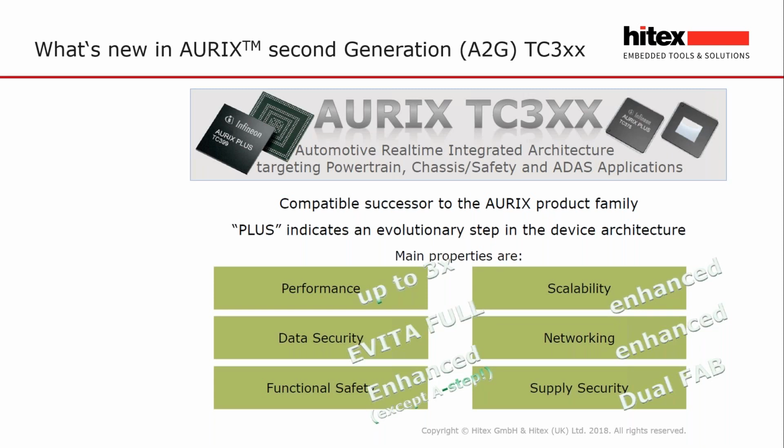Hitex has long-term experience in integrating functional safety into AURIX systems with the so-called safety lib in former times. And this experience of Hitex is covered in the SafeTpack framework for the AURIX second generation to give you a fast way to achieve your required safety goals in your system.